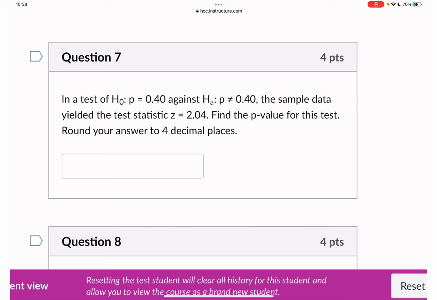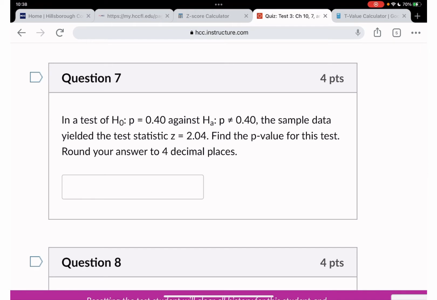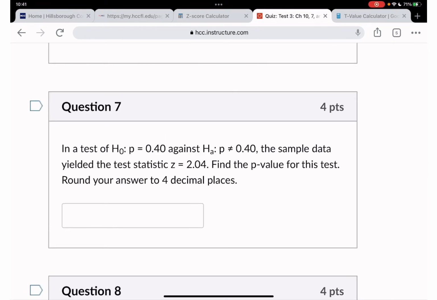In a test of null hypothesis P is equal 0.4 against alternative P is not equal 0.4, that is our two-tailed test. The sample data yielded the test statistic Z is equal 2.04. Find the p-value for this. Since I already solved the problem for z-score equal 1.52, I'm going to work with z-score 1.52, right?